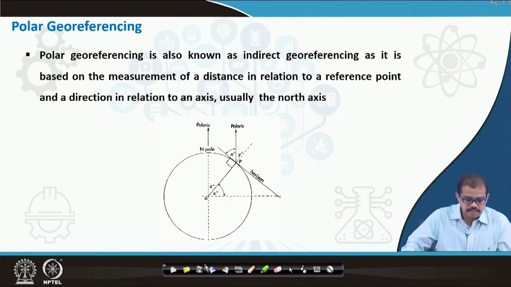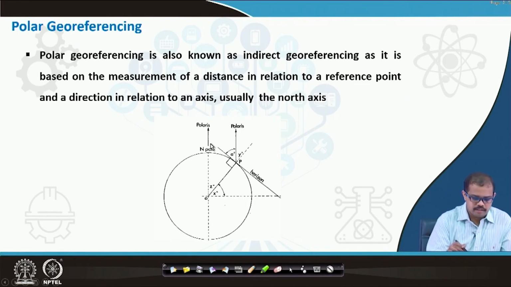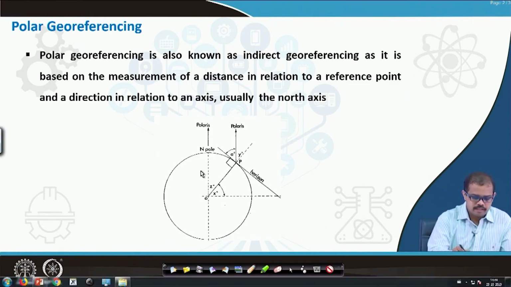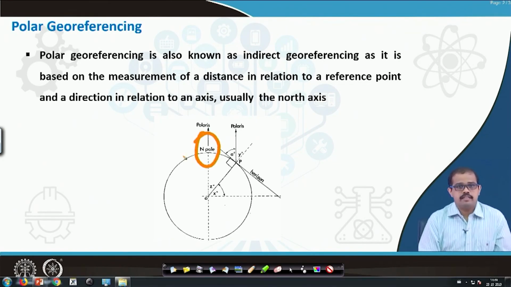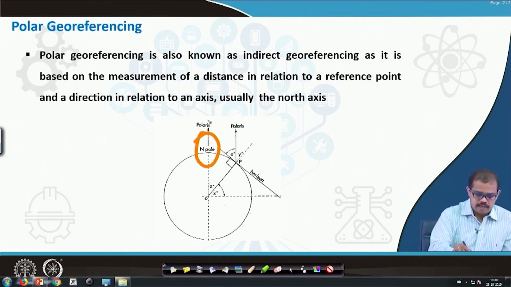If we look at this particular image, if this is a north pole that we have considered, and this is the Polaris, now if we have to measure a particular point here with reference to this, what is the distance, and then with reference to this, what is the angle that it is making.